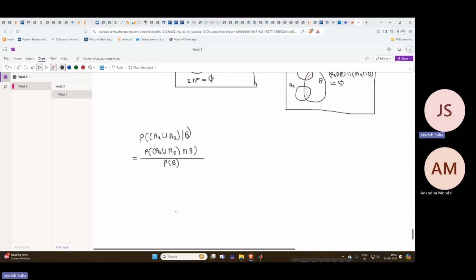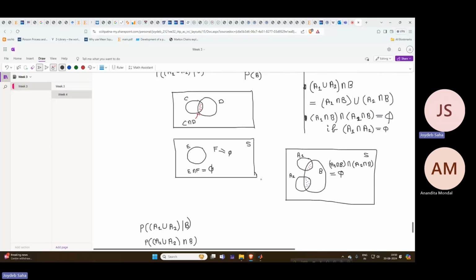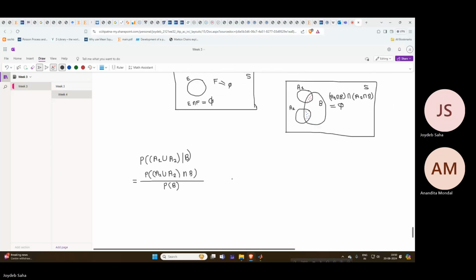Now A1 union A2 intersection B is this. So let us write it.